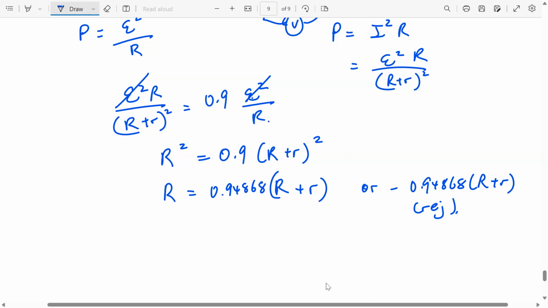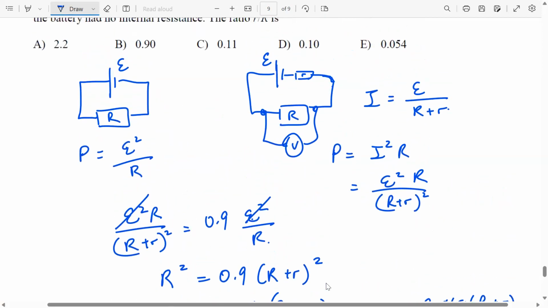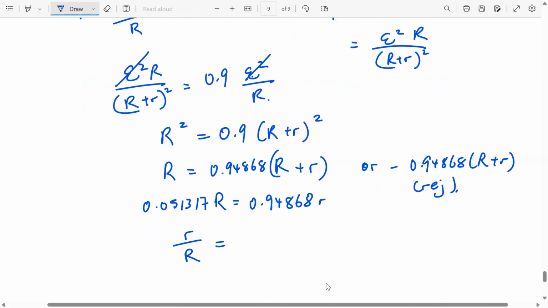Now, if you bring over, 0.051317 big R equals 0.94868 small r. So small r over big R, bring over, divide by 0.9486, you get 0.054.